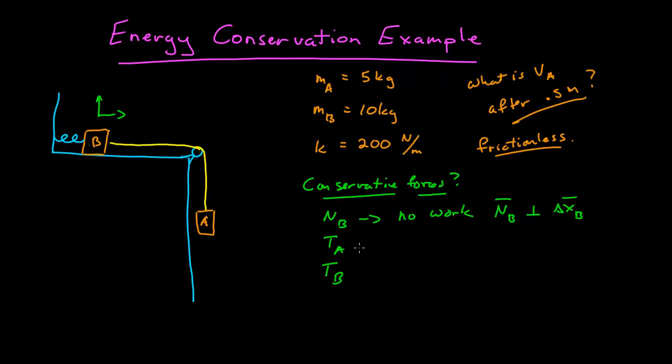So given our string model, our string has no mass and it doesn't stretch. The tension is everywhere the same. And so if the system moves some distance delta x for B, A is going to move the same distance delta x. Let's say delta x is moving this way.